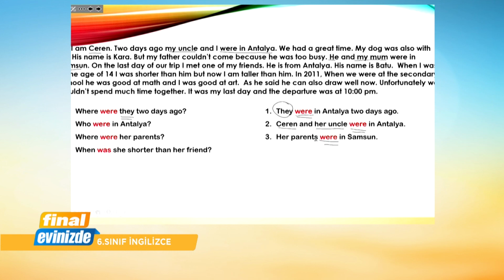When was she shorter than her friend? When we check the text, okay, I was shorter than him. When? At the age of 14. Let's get our answer. She was 14, as you see. Okay.